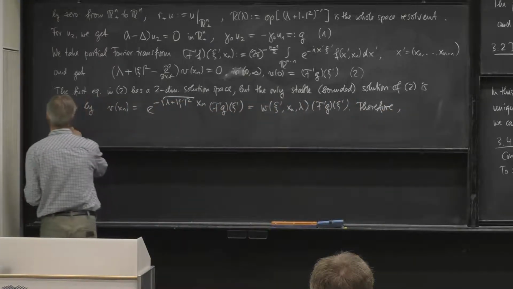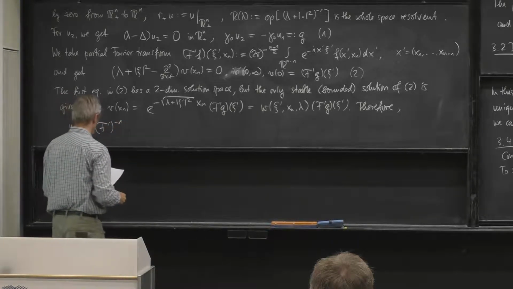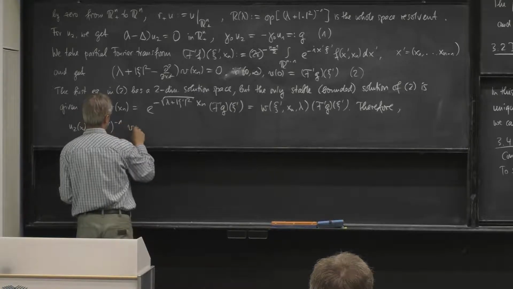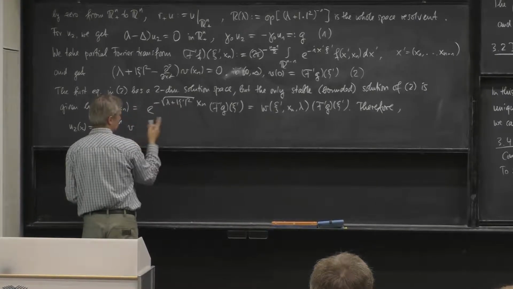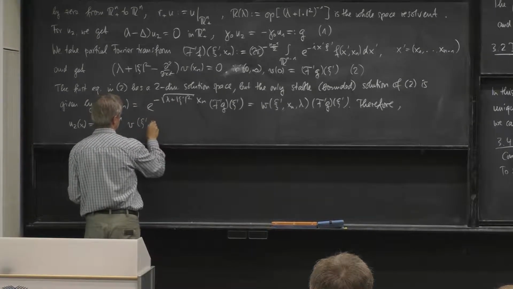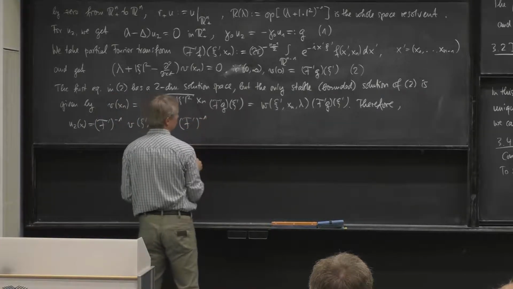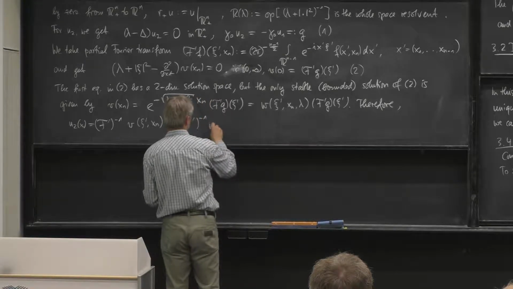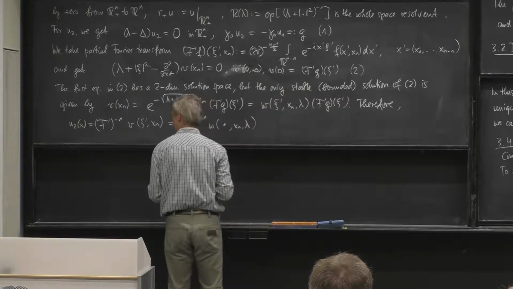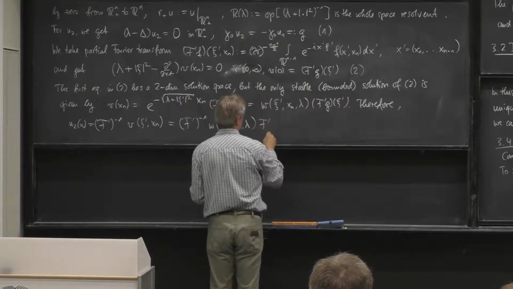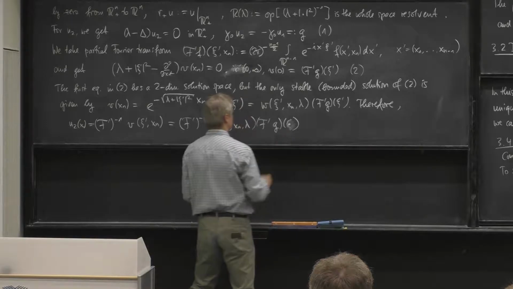So U2 of x is the inverse partial Fourier transform applied to this V. V also depends on psi prime and xn, which is the inverse partial Fourier transform applied to this W as a function of psi prime, xn, lambda, applied to f prime g of psi prime.